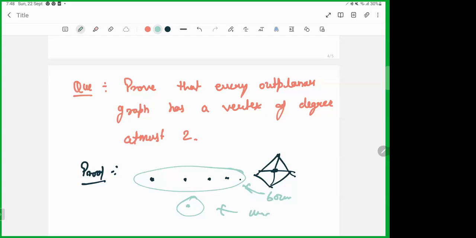Now there will be some edges, but the first claim is this: the graph induced on the vertices of the bounded faces will be a tree. Is this clear or not?